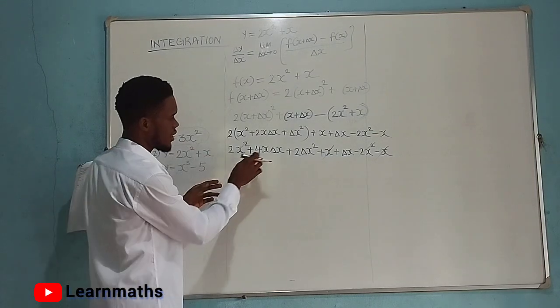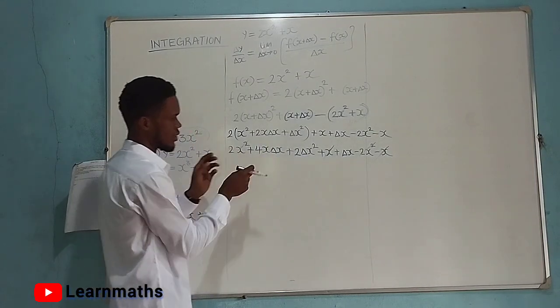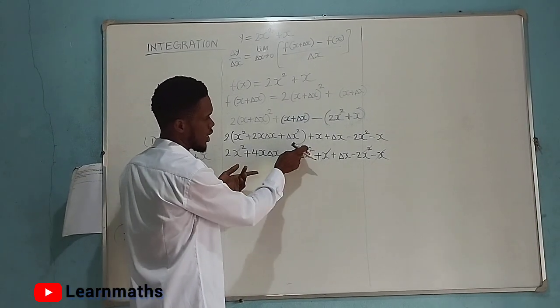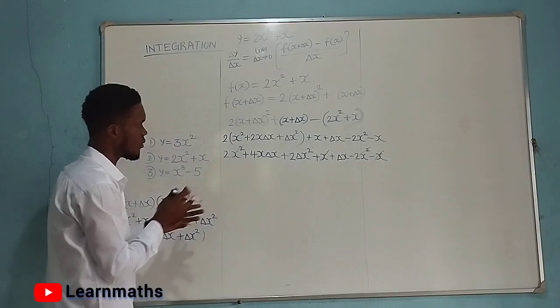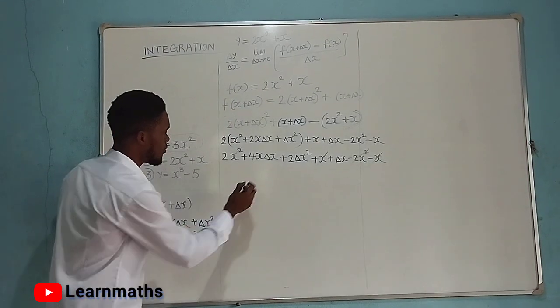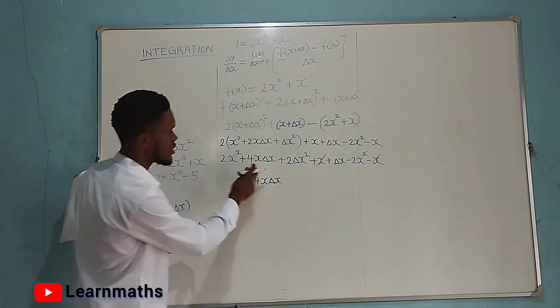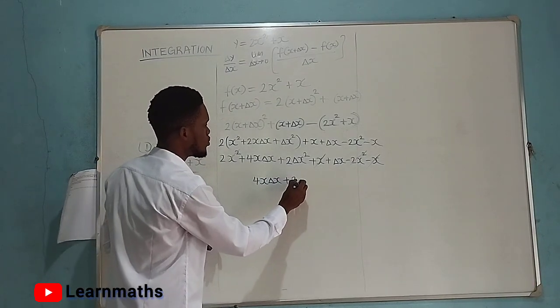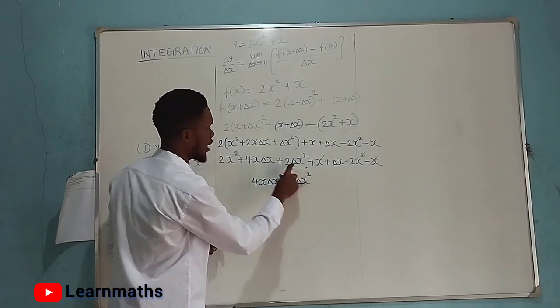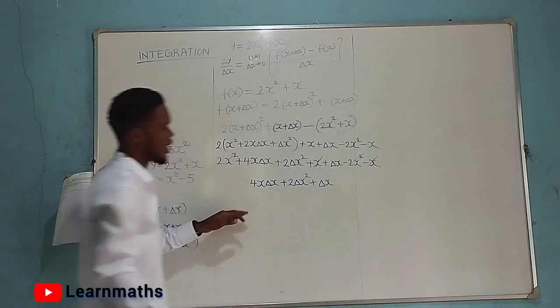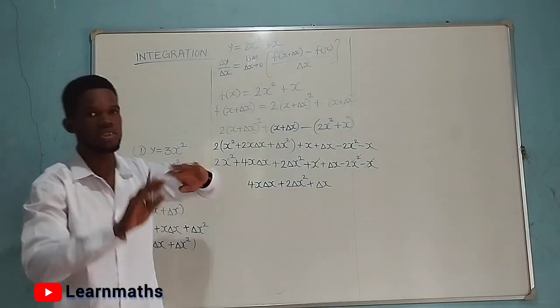So we are left with these three things: 4x change in x, 2 change in x squared, and change in x. So we have 4x change in x, plus 2 change in x squared, and plus change in x.